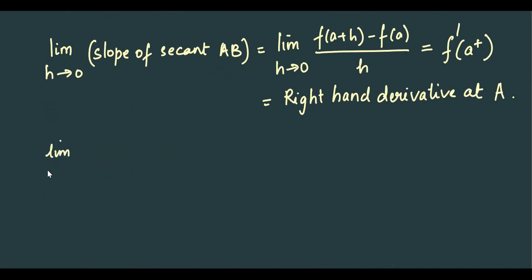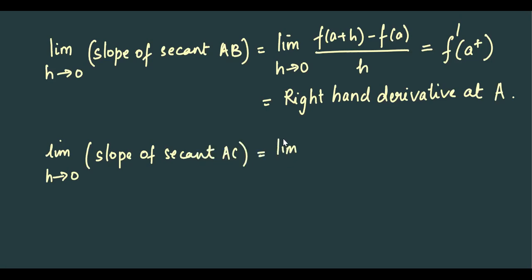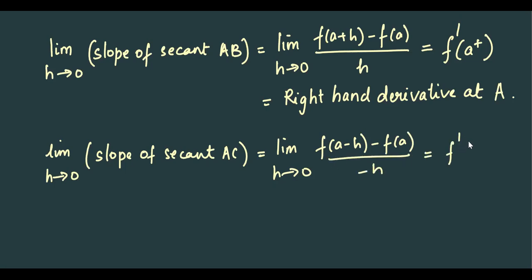And if you take the limit of the slope of secant AC, which is limit h tending to 0 of f of (a minus h) minus f of a, upon minus h, this is f dash of a minus, called the left hand derivative at a.